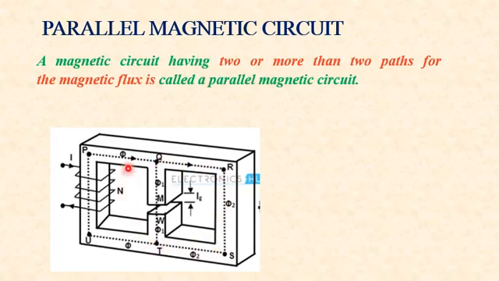So the flux phi at the point Q will split into two, phi 1 and phi 2. Here we can see that the path QT is parallel to the path QRST.